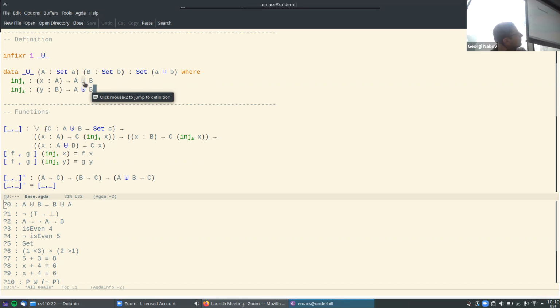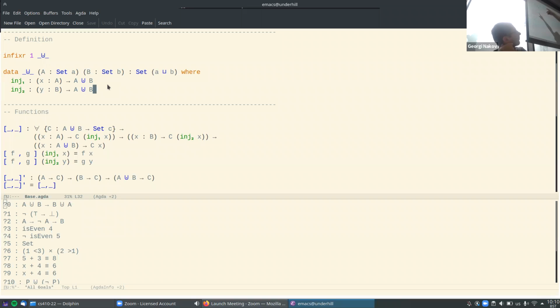Disjoint union. So if you're going to prove A or B, you choose one of these two constructors, and there's your bit, that choice of constructor. You can think of these constructors as tags. They enable you to see clearly which of the two you've picked.